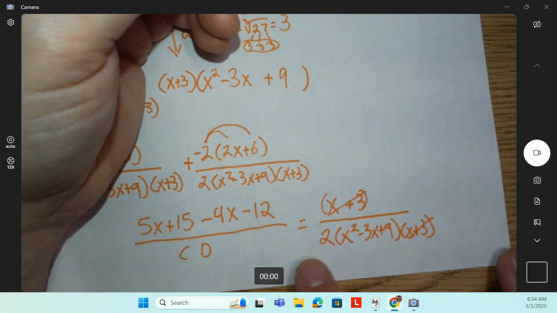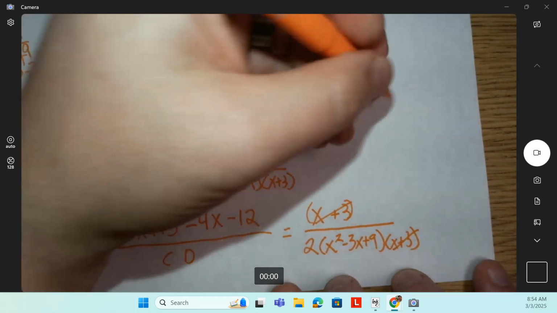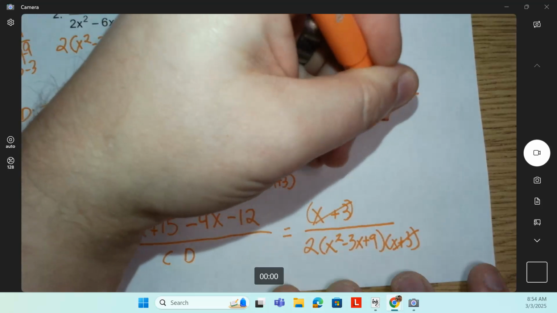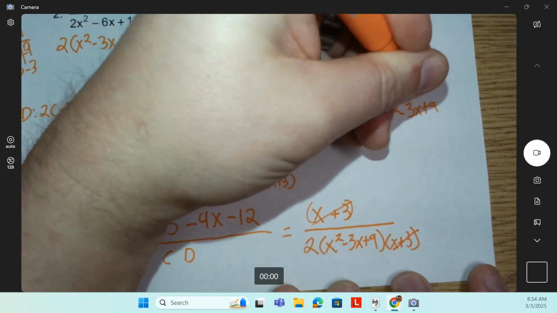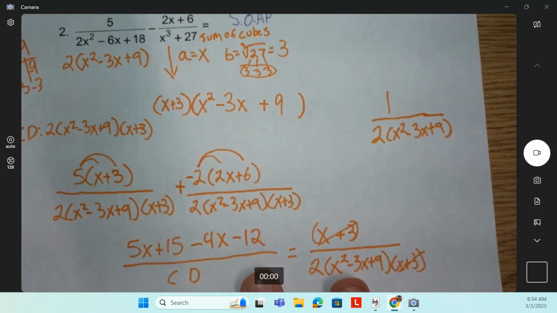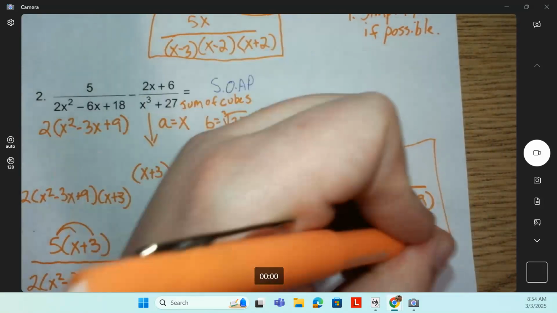So my final answer, when those cancel out, this leaves a 1 up top. And so I have 1 over 2x squared minus 3x plus 9. Okay, looking at the next one. Unbox my answer there.